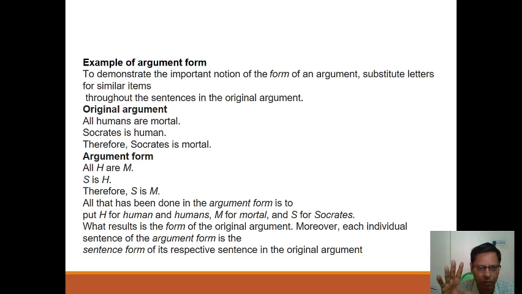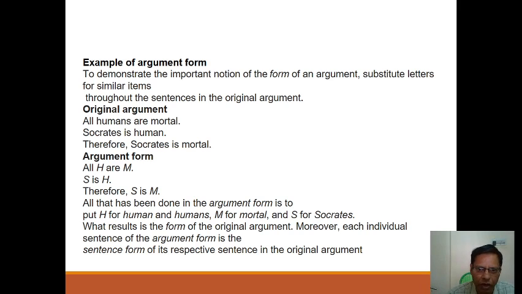The first is: all humans are mortal. The second is: Socrates is human. And the third is: therefore Socrates is mortal. These are the three statements, three arguments given.